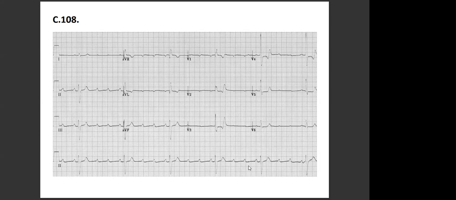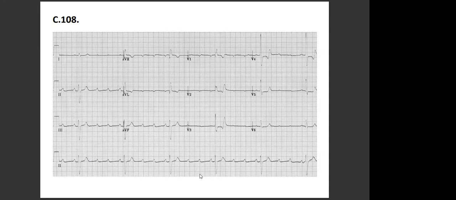So that means it's a high degree AV block, and what is the conduction ratio? 4:1. Okay, let's count how many P waves we have. 1, 2, 3, 4, 5. 5:1. Okay, so 1, 2, 3. Well, it's changing, but you can say 4:1. Yes, you are right. 4:1 is okay. Good, very good.